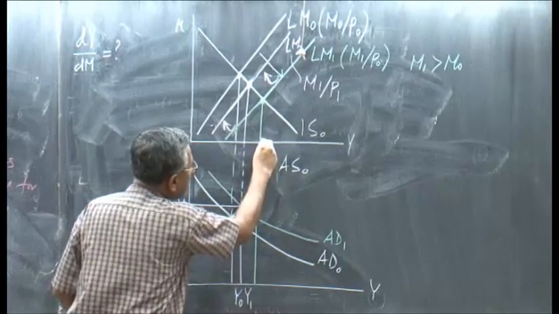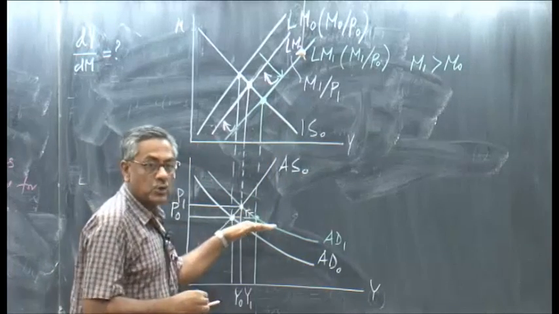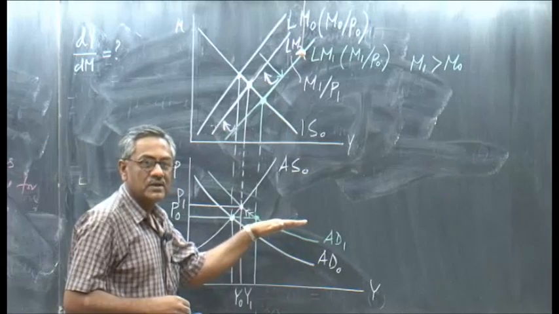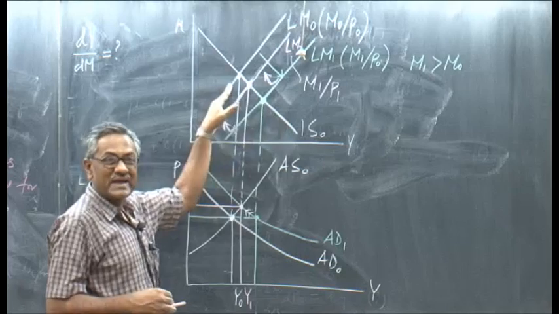The green line potential would have been possible if you had a fixed price model where aggregate supply is horizontal. But since prices are increasing, LM will go out, then come back a little bit.